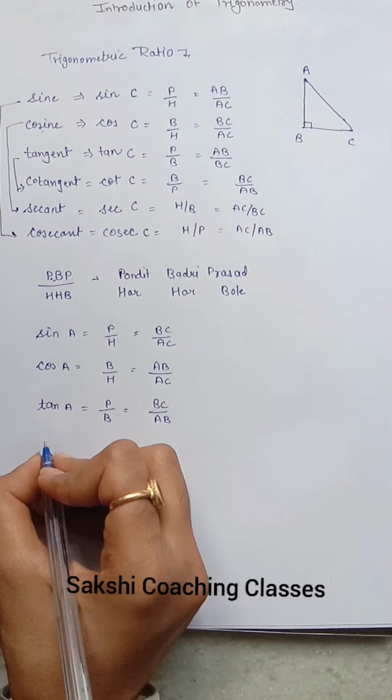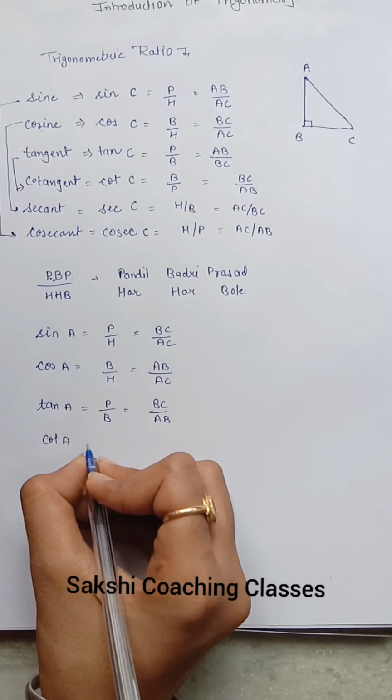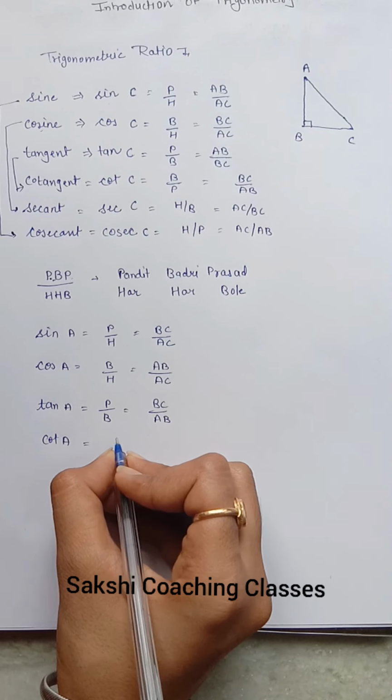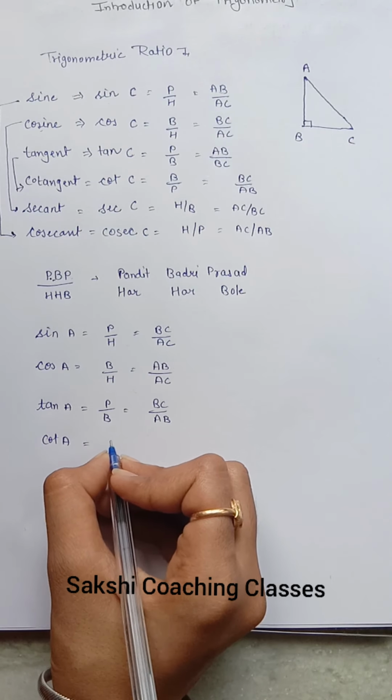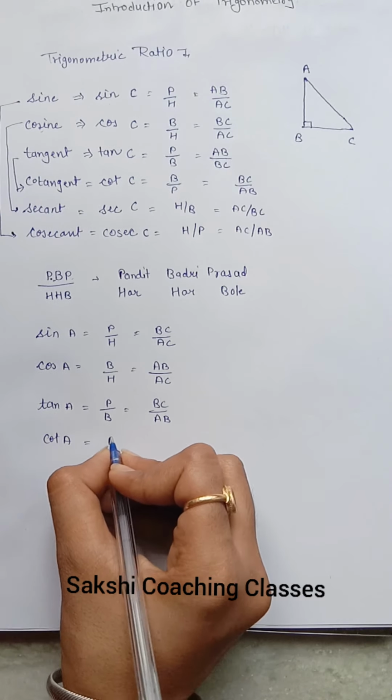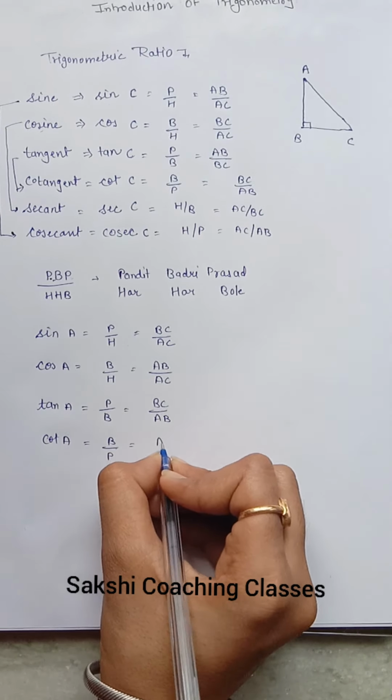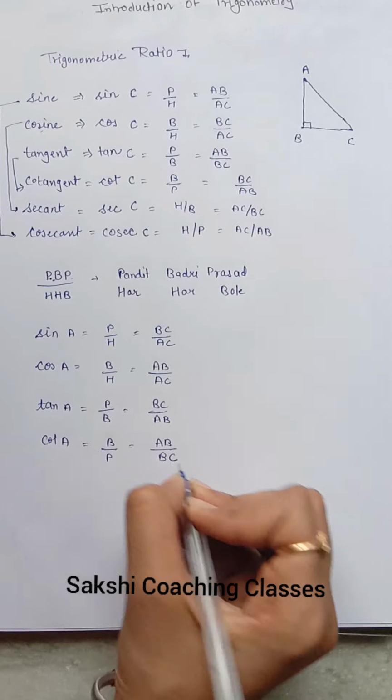Okay, next it is cot. We can write here 1 upon tan because it is the reciprocal of tan. I will explain it further, but you can consider it is B upon P, and that is AB upon BC.